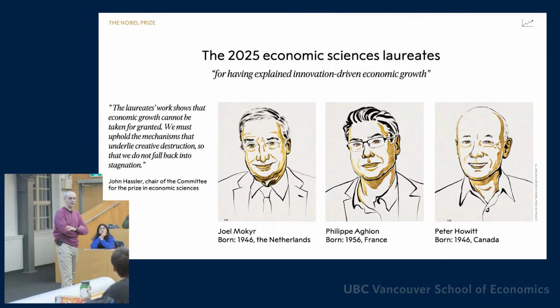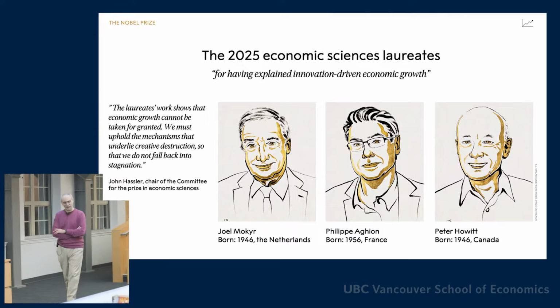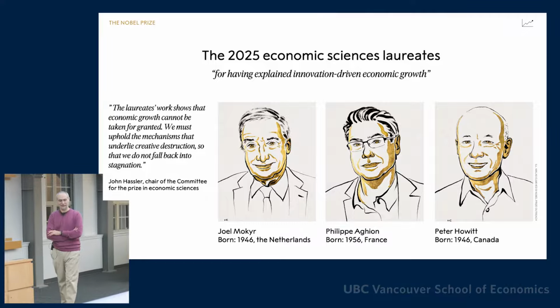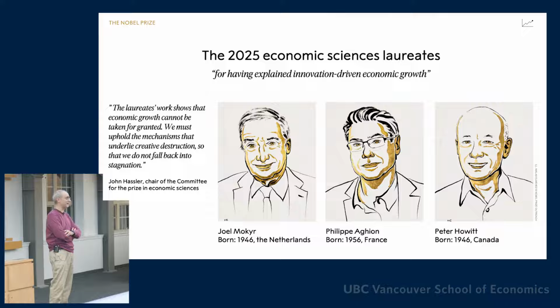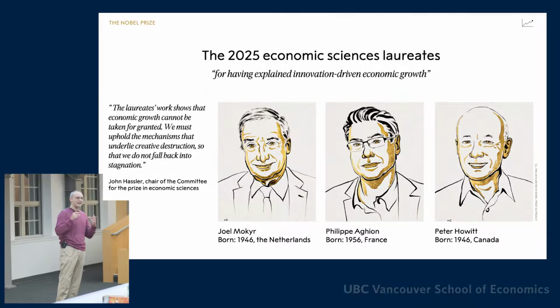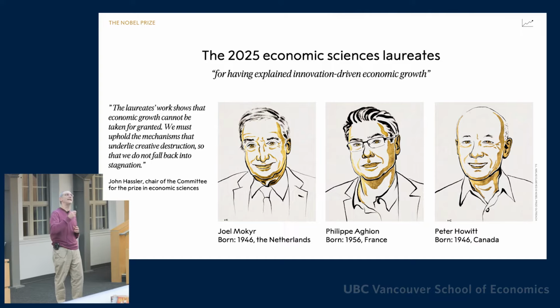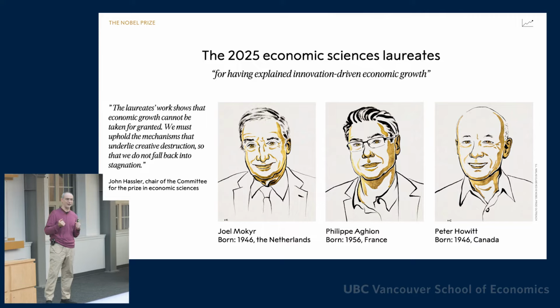And Peter Howitt, who is retired from Brown University, but is Canadian-born and actually spent most of his career and made his Nobel Prize contributions while a professor at the University of Western Ontario. Okay. And the citation of the Nobel Committee is for having explained innovation-driven economic growth.